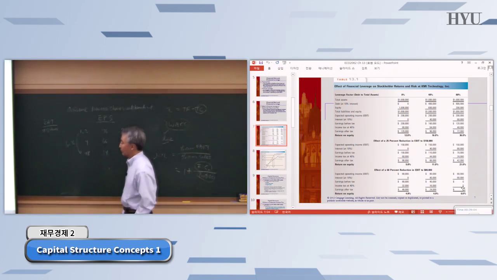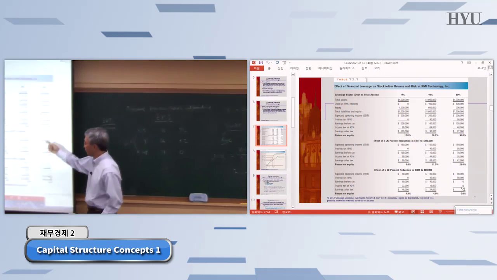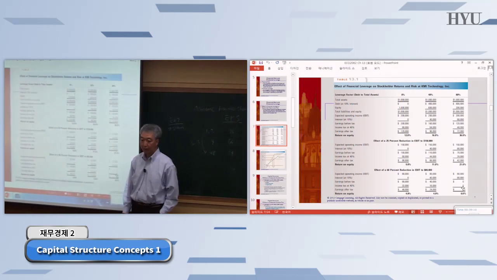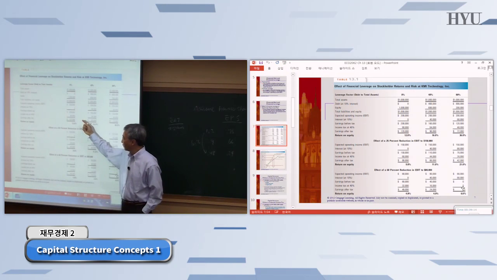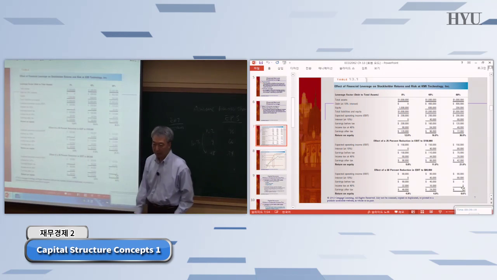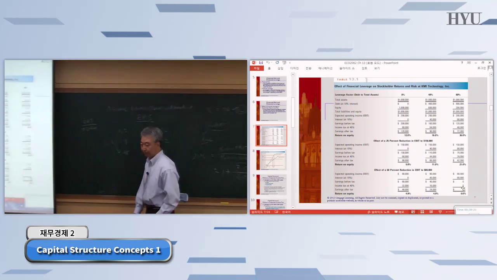Well, that's understandable because in the first case there was no debt. It was 100% equity, and EBIT went down by 60%, so EPS goes down by 60%.